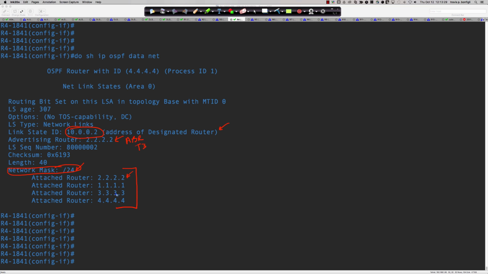So from the type 2 LSA, all I need to do is look at the type 1 router LSA that has the states of the links that these routers have, right? So I can see all that information. So really what we've got here is a type 2 summary of the multi-access segment.